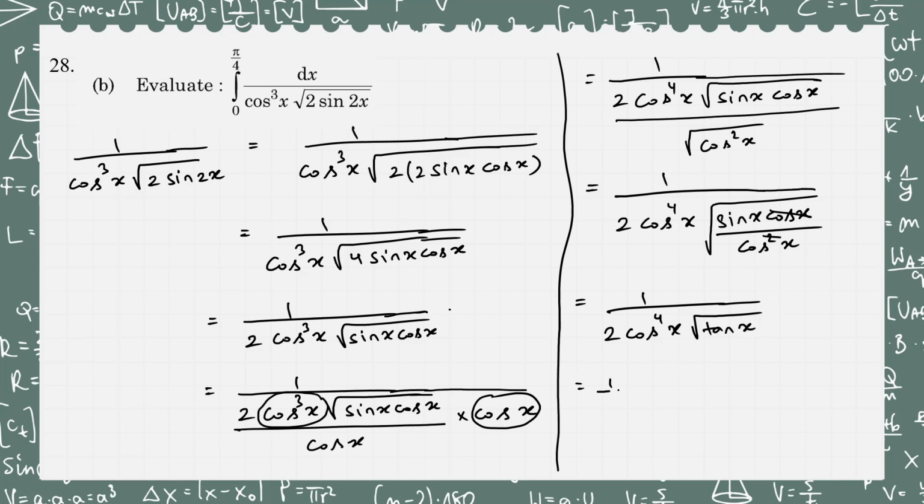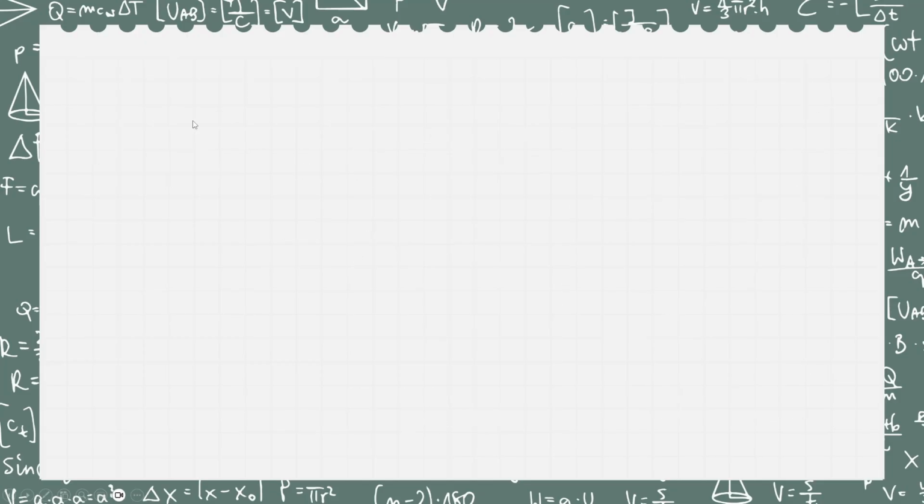Now this is like 1 by 2 into 1 by cos power 4x into 1 by root of tan x. And 1 by cos power 4x will become secant power 4x into 1 by root of tan x.